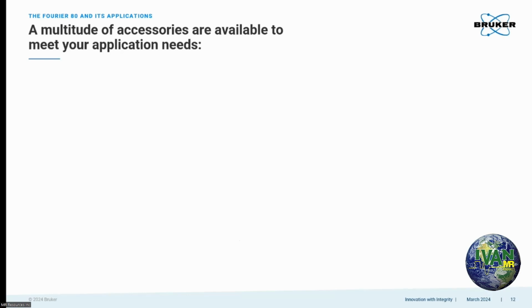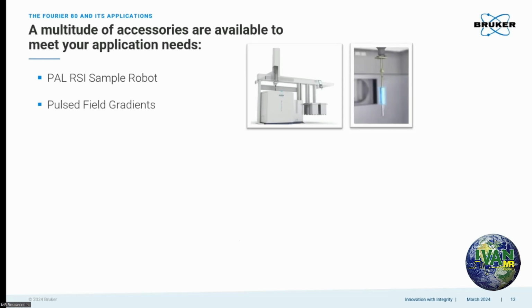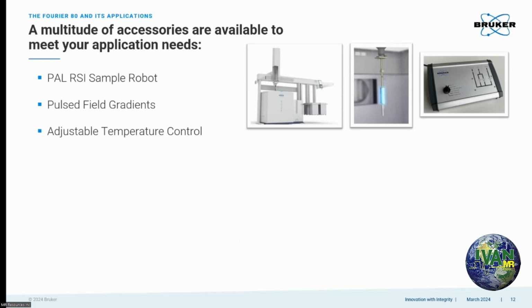So we also have a wide array of accessories, which I will go through very quickly. Some of the key accessories. We have the PAL RSI sample robot. So this is for automated sample handling and remote operation. Pulse field gradients for artifact suppression and for quicker analysis, or quicker acquisition rather. Adjustable temperature control for in situ sample tempering.